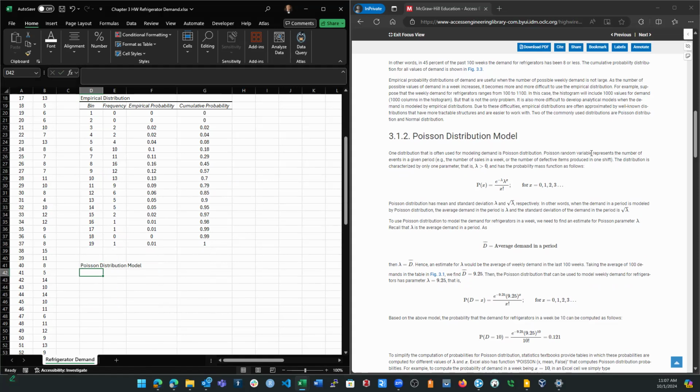A Poisson random variable represents the number of events in a given period, so number of sales in a week, or the number of defective items in one shift. This distribution is characterized by only one parameter, that is lambda. It's greater than 0. It has the probability mass function as follows. So here's their probability mass function. It has a mean of lambda and a standard deviation of the square root of lambda.